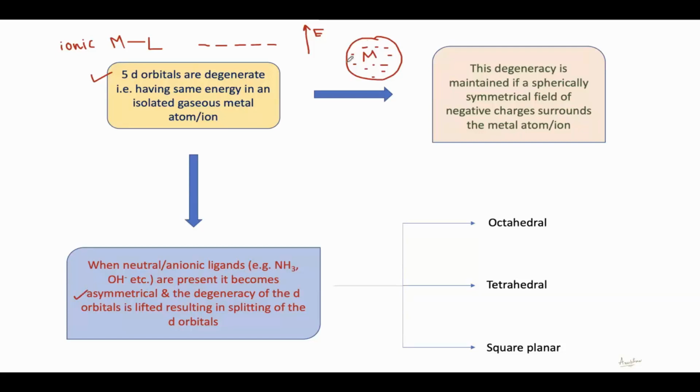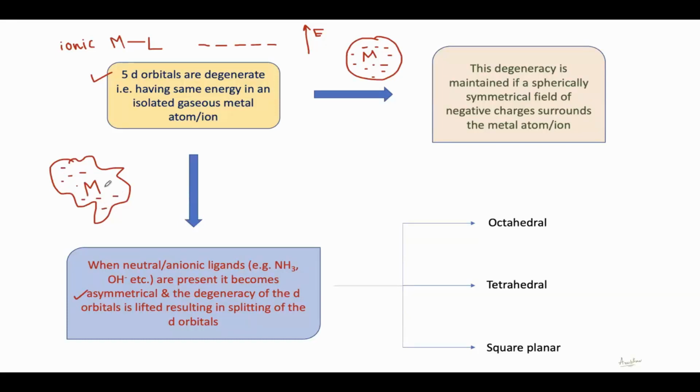When the metal atom had a symmetrical field, now in presence of ligands, the field will be asymmetrical. So from this we are coming to this distorted, or you can say asymmetrical field.